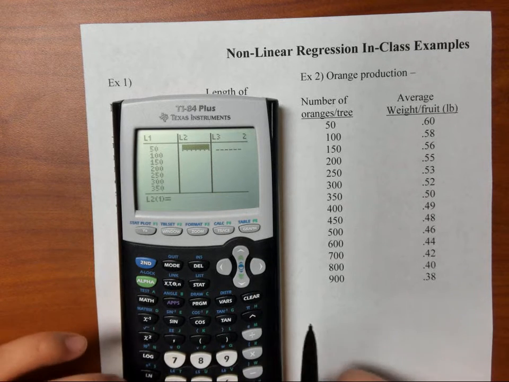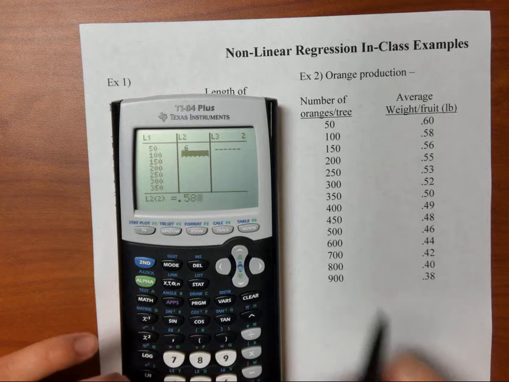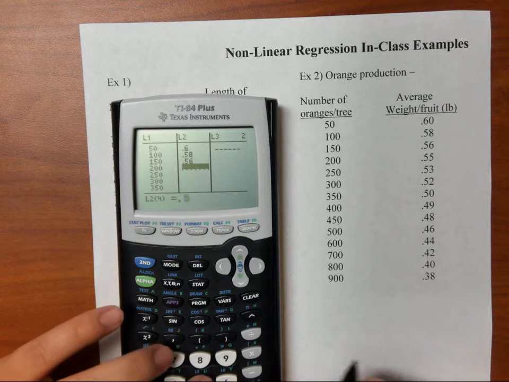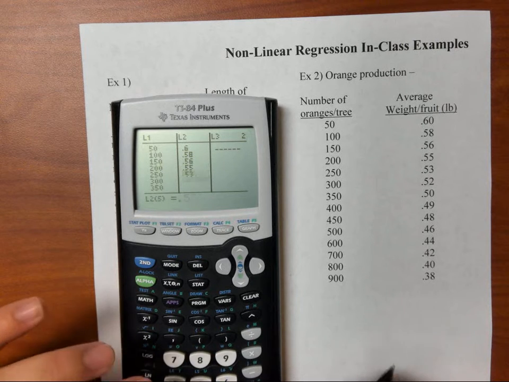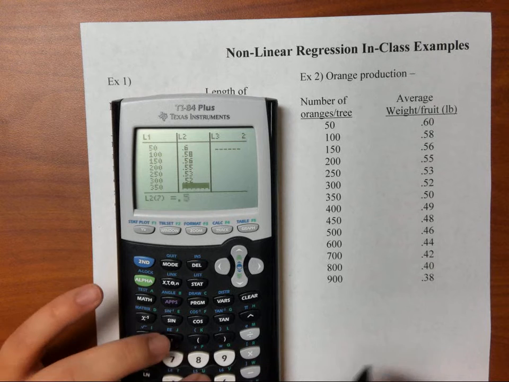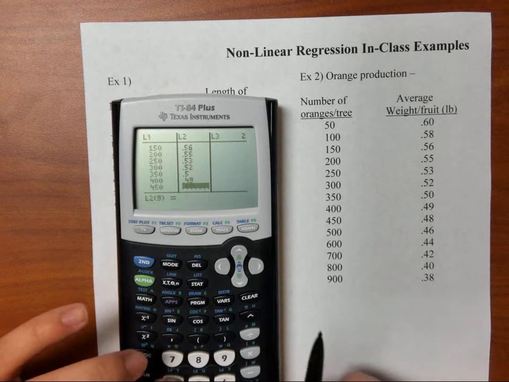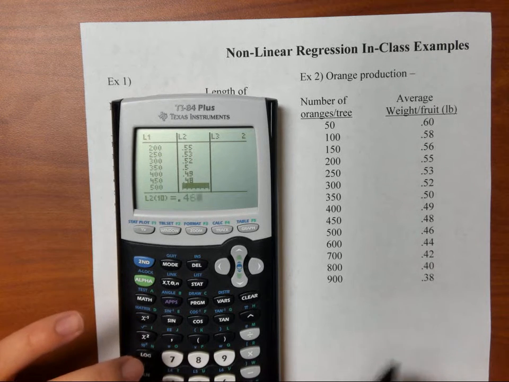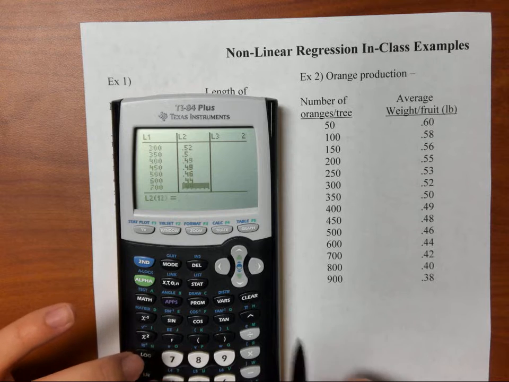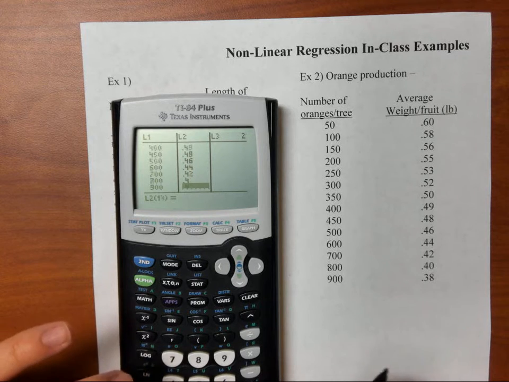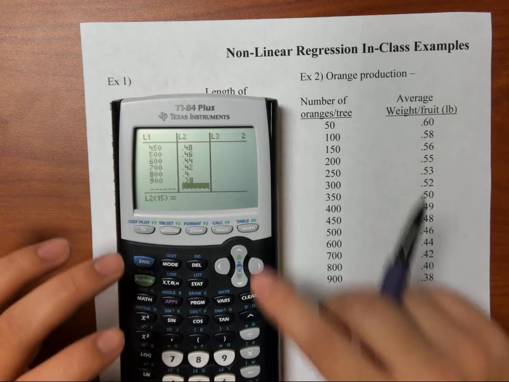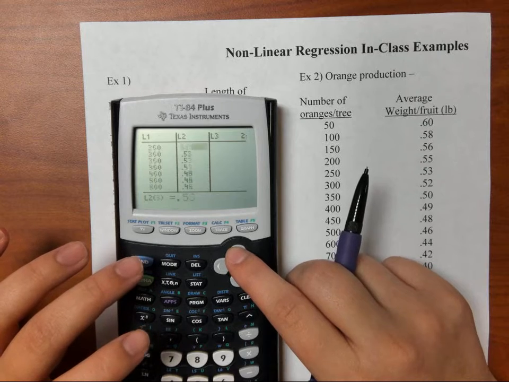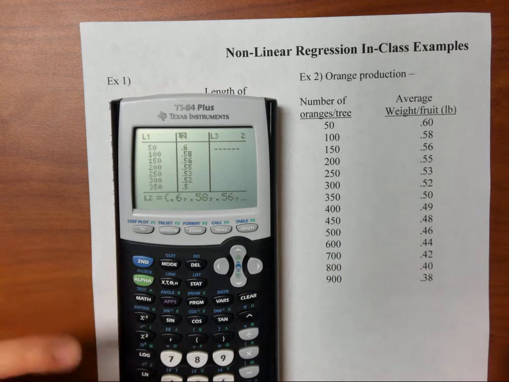And then in L2, 0.6, 0.58, 0.56, 0.55, 0.53, 0.52, 0.5, 0.49, 0.48, 0.46, 0.44, 0.42, 0.4, 0.38. Okay, so I have all those numbers typed in, hopefully correctly.